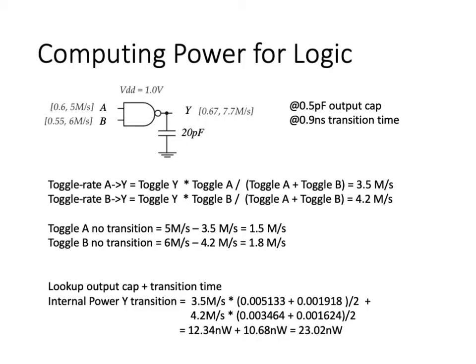In previous lessons, we have seen how to estimate the toggle rate, which can be obtained from simulation of RTL designs, Verilog or VHDL. We have also seen how to look up the dynamic power associated with short circuit currents during switching transitions in a logic gate, as well as leakage power from .lib files in our standard cell model.